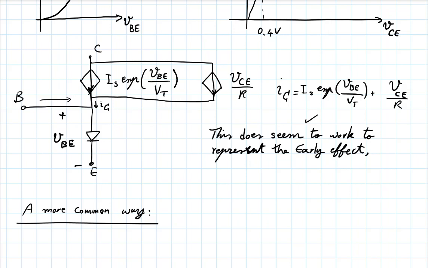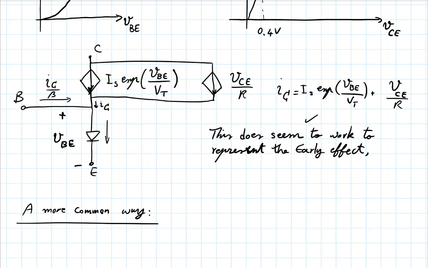I haven't said anything specifically about this diode and the base current, right? Remember, in the active mode of the transistor, the base current is just the collector current divided by beta.